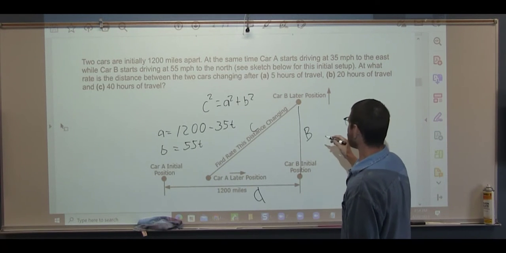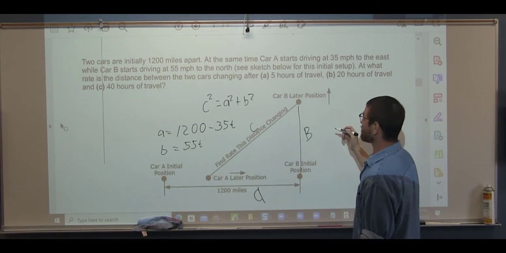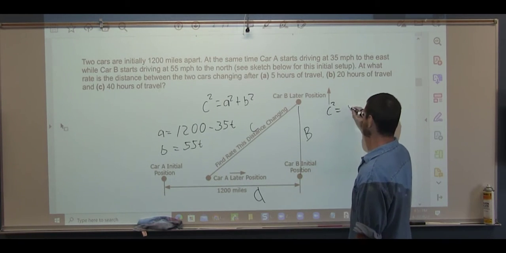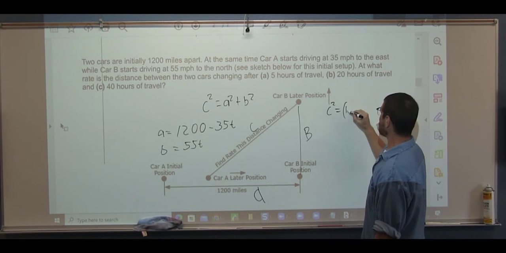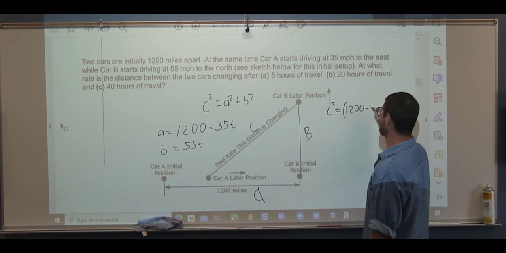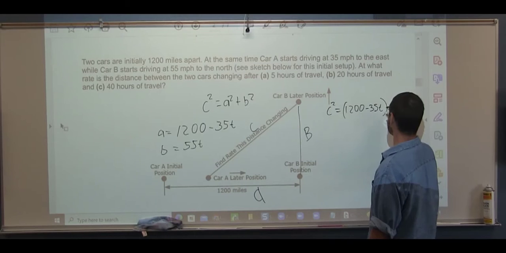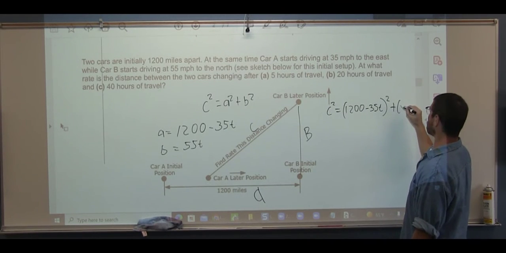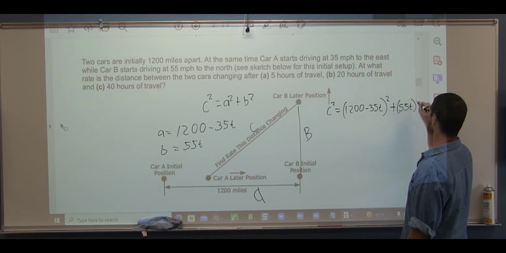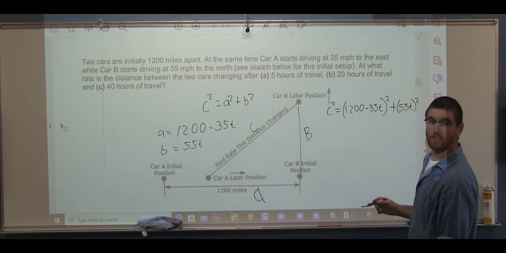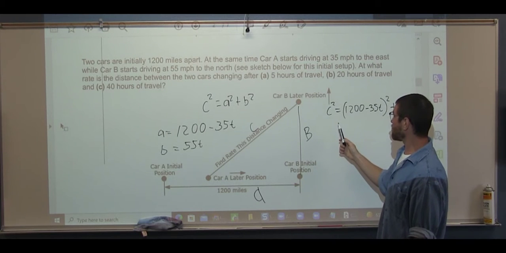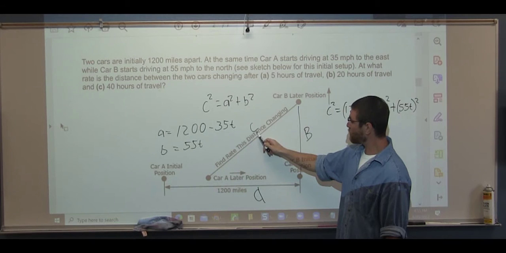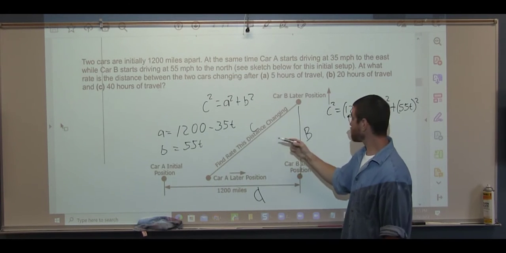Partially. Okay, so let's start plugging variables into our equation. So we have C squared equals the value of (1,200 minus 35t) squared plus the value (55t) squared. We need to solve for C because that will allow us to take its derivative, which is what we're trying to find.